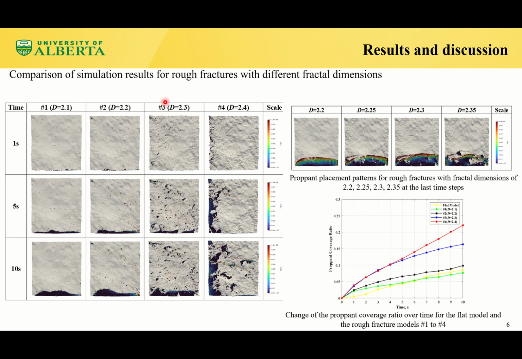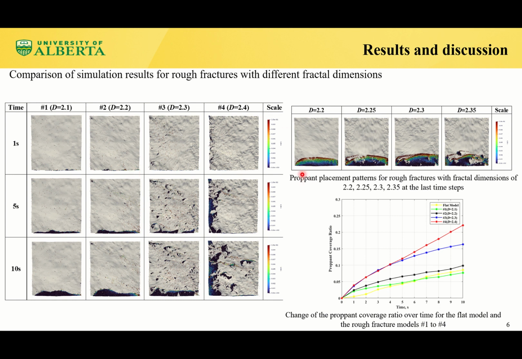This shows a comparison of simulation results for rough fractures with different fractal dimensions. This picture shows rough models number 1 to number 4 with fractal dimension 2.1 to 2.4. We can see that different proppant distributions could be observed for fractures with different fractal dimensions.